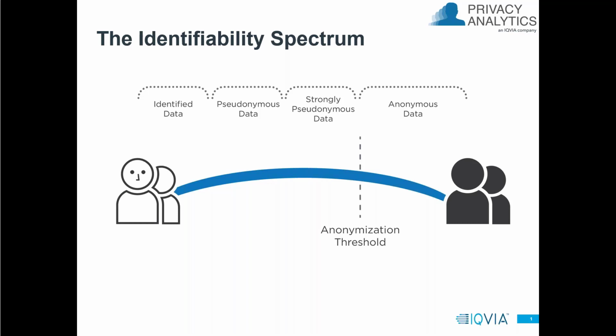Then you have this concept of a threshold on this spectrum, and the threshold would essentially be a probability. So once the probability of identification crosses that threshold, then you have anonymous or de-identified data.